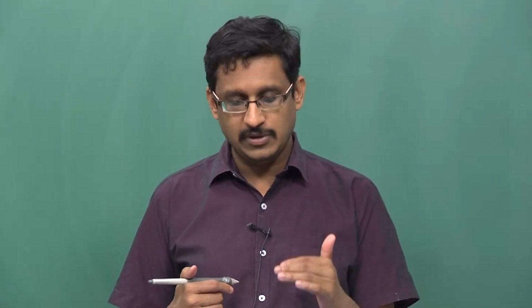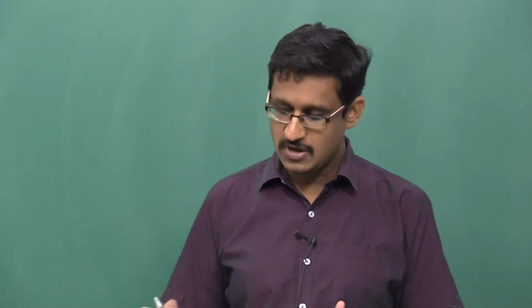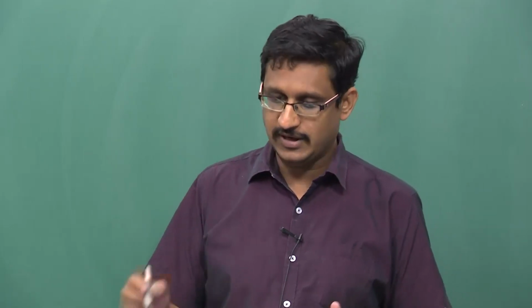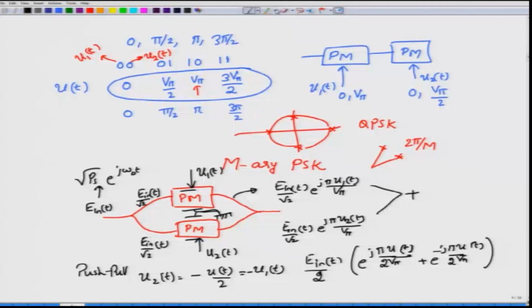So, one of them will be u of t by 2, the other one will be the complementary minus u of t by 2, and totally together what you get here will be e to the power j v pi by 2. So, here you will get u of t minus j pi u of t by 2 v pi. You have e power j x plus e power minus j x, together this becomes cosine, right.